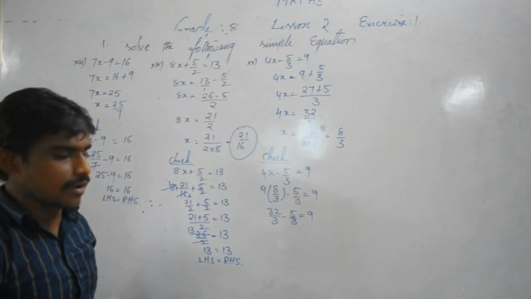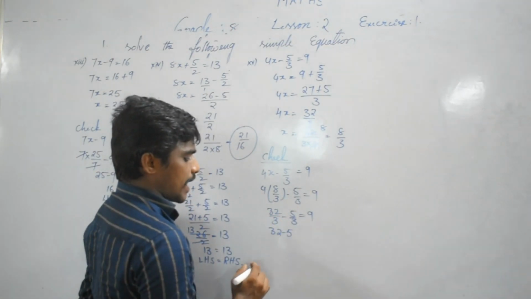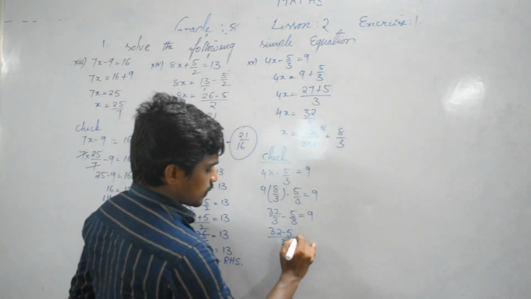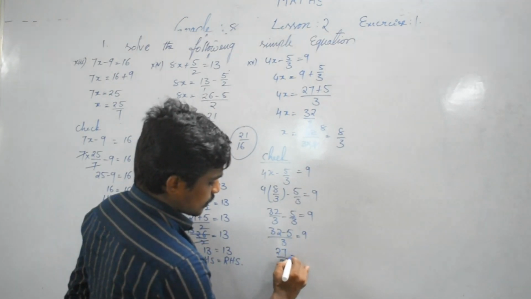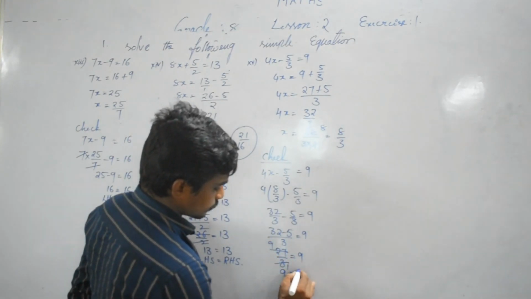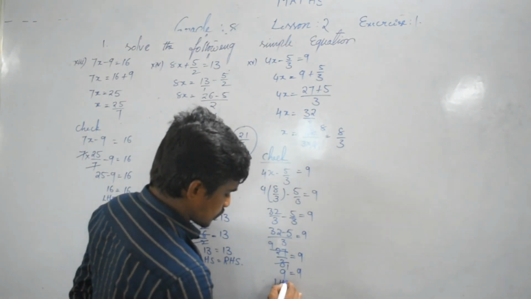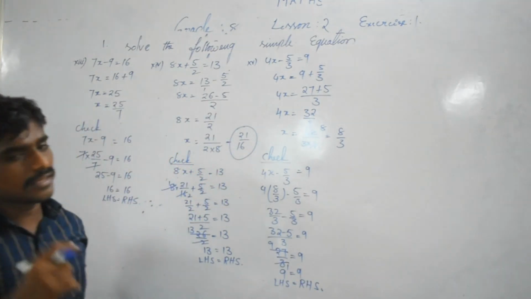Denominators are equal, numerators subtracted. 32 minus 5 by 3, 9. So 27 by 3 is 9. 3 1 jar, 3 9 jar. LHS and RHS are equal.